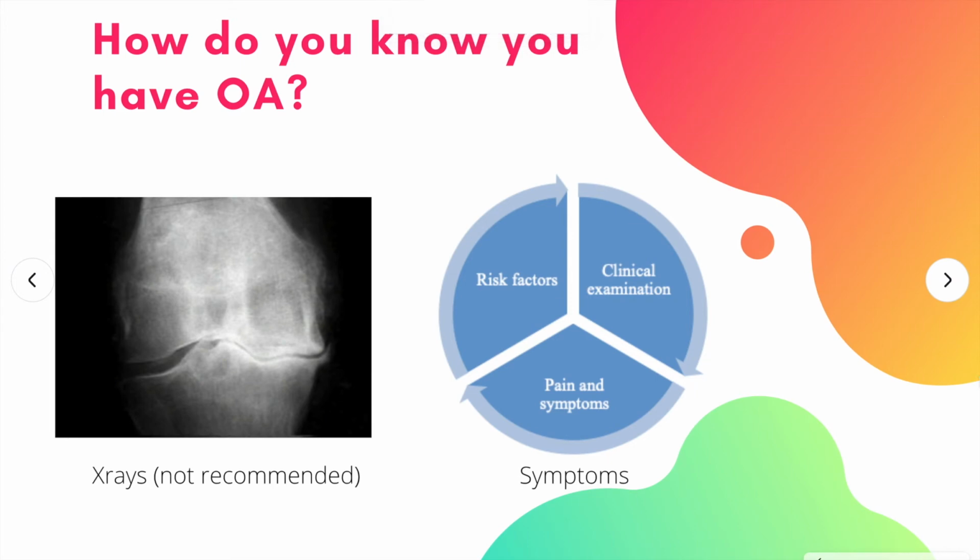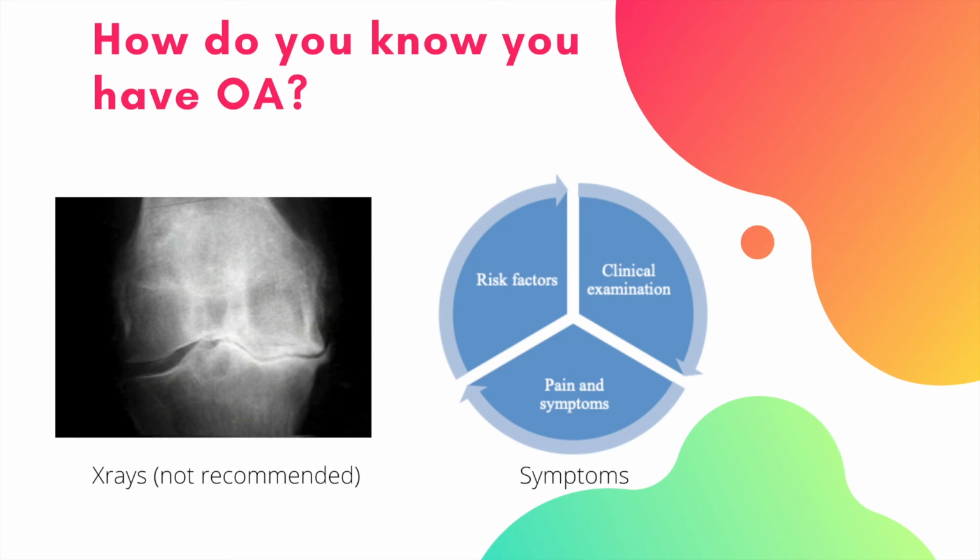How do you know you have osteoarthritis? So quite commonly people will come in to me with an x-ray that shows that they have bone on bone, and that's what they're here for. Quite commonly x-rays have been used in the past to diagnose osteoarthritis.